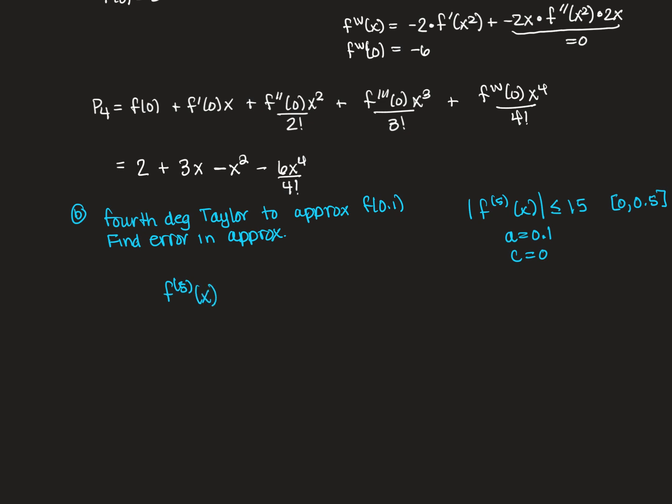Then we always have x minus c to the fifth power, but here our x is going to be 0.1 minus 0, so this would be 0.1 to the fifth power, all over 5 factorial. And if this is Lagrange, we want to maximize this.